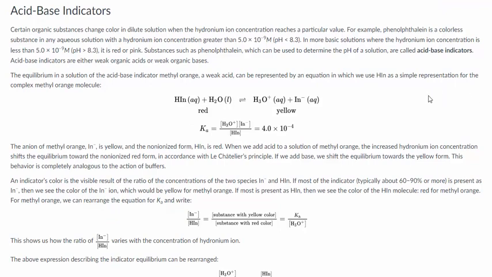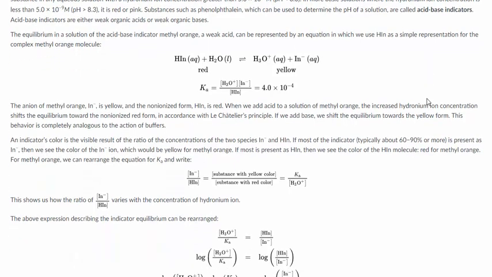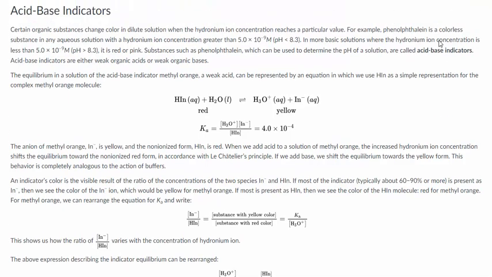Now we use what's called an acid-base indicator in a titration reaction, and we use that indicator for a visual cue as to where we can find our equivalence point. Usually when we choose an acid-base indicator, we're looking for one that has a change around where we expect our equivalence point to be.